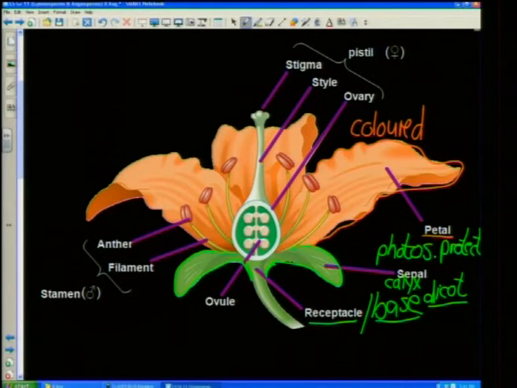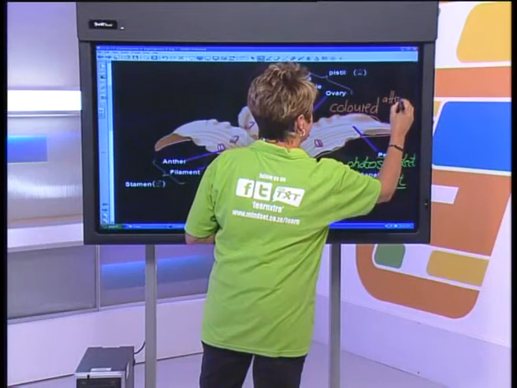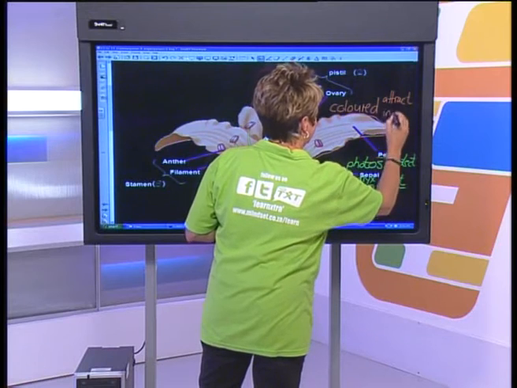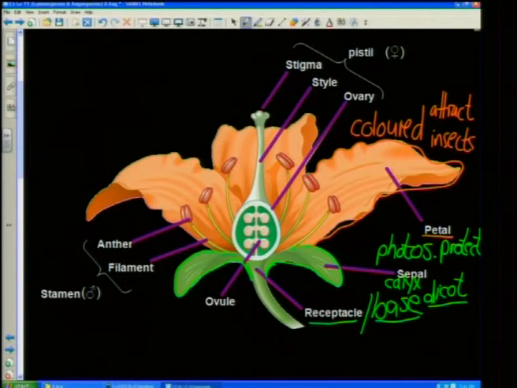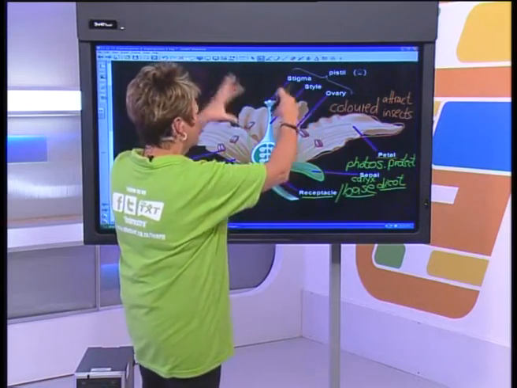Beautiful colored petals. What's the function of that? Yes, to attract insects, insects or birds and bees. Why must these insects be attracted to the flower? It's for pollination. Okay, so what the insect's going to do, they're going to see all these beautiful colors. They don't see like you and I, but they're still attracted to the center of the flower.